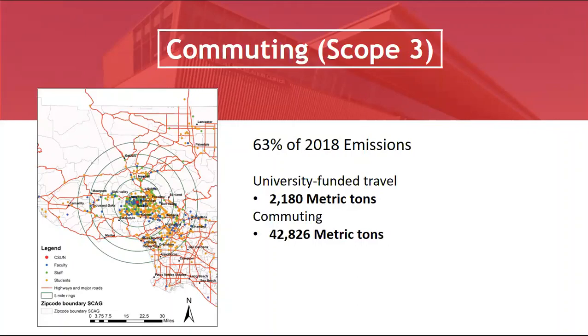The graph, or the image on the left there, shows you the locations people are commuting from and how they relate to the campus. So that red dot in the middle is the campus. Each ring is 5 miles away from the campus, growing by 5 miles. So this is a 5 mile radius, 10, 15, 20, 25.